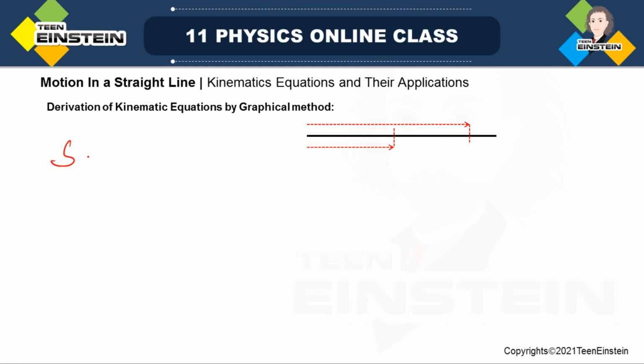Okay. Now we'll find out the special equation. Suppose displacement is denoted by s is equal to ut, or I'll write v0t itself, v0t plus half into a t square. Obviously, depending on a, the sign will be changing over here.